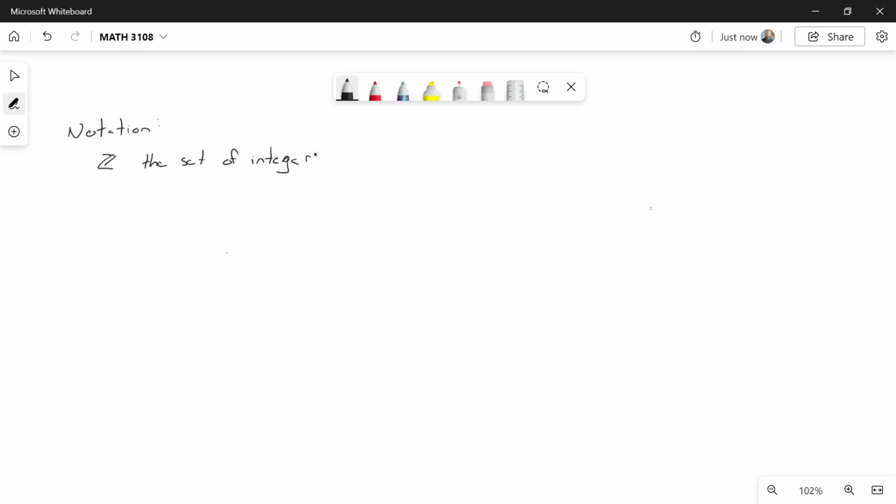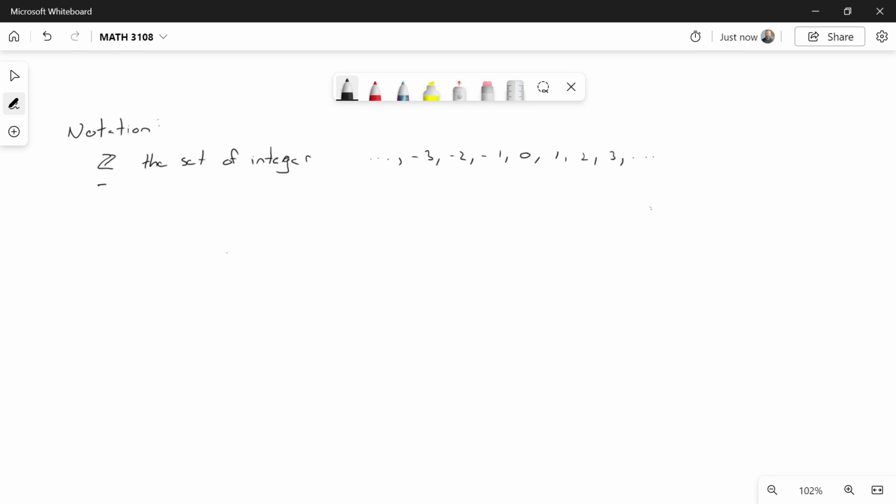So that's everything from negative infinity off to positive infinity, but whole numbers. So three dots there. Think of that: -3, -2, -1, 0, 1, 2, 3, and again, all the way up to positive infinity from there. So no decimals whatsoever.